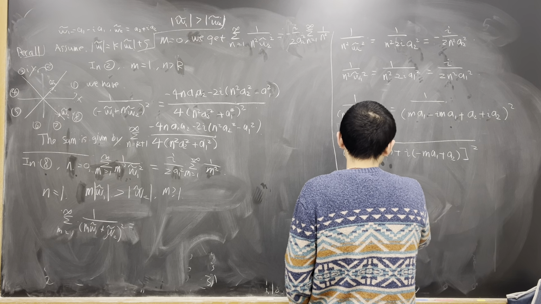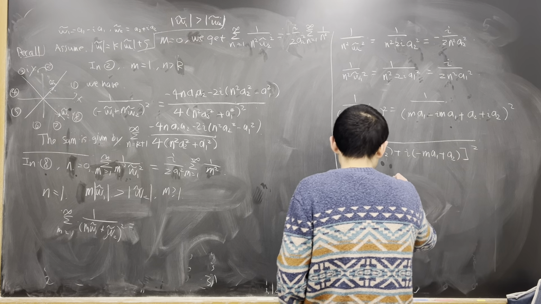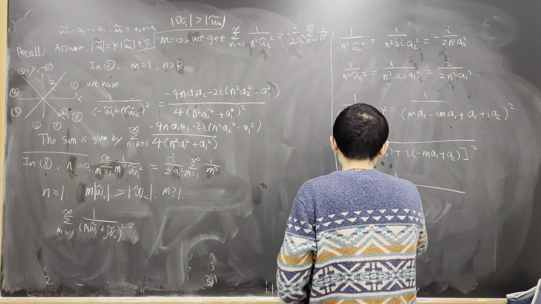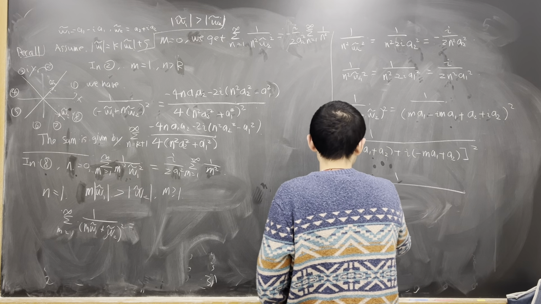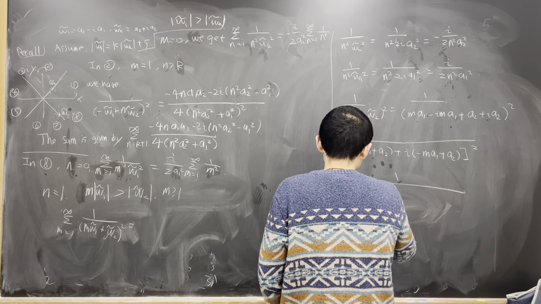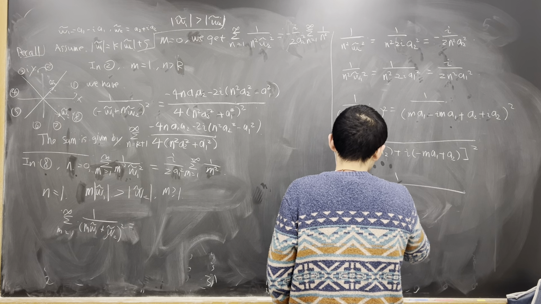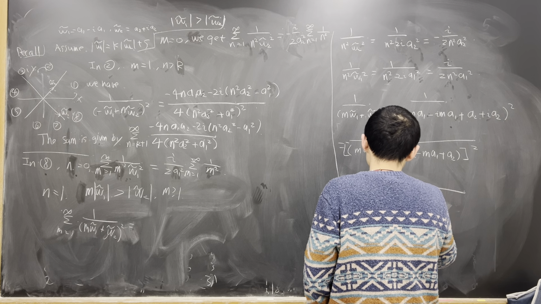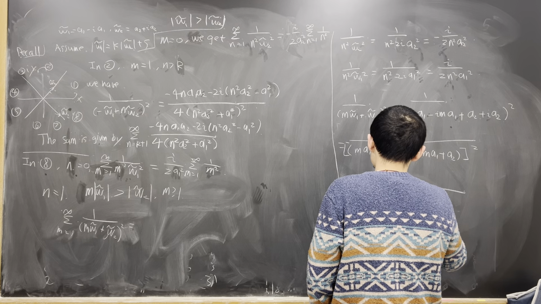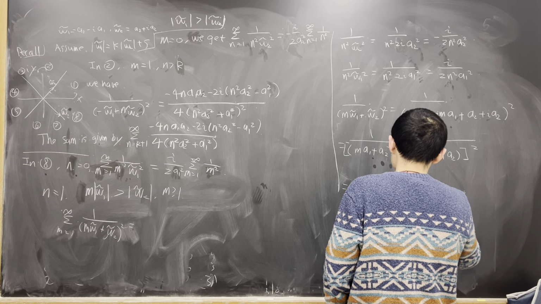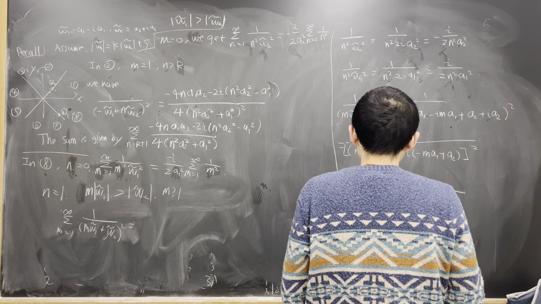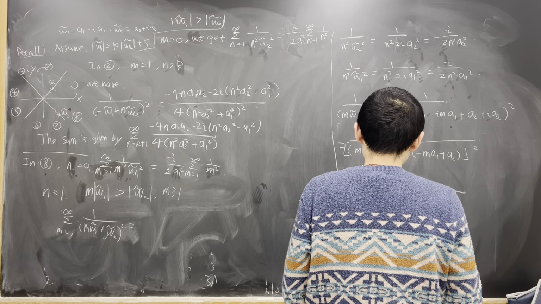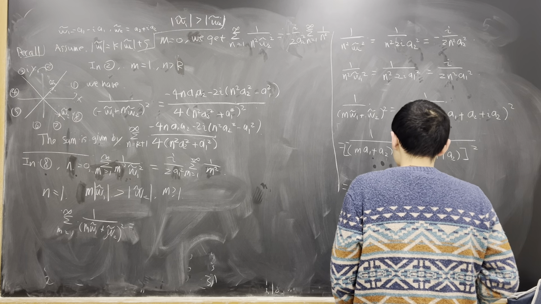So I am squaring this term. First I square this term, which is m squared a1 squared plus 2m a1 a2 plus a2 squared. Okay, m a1 times a2.